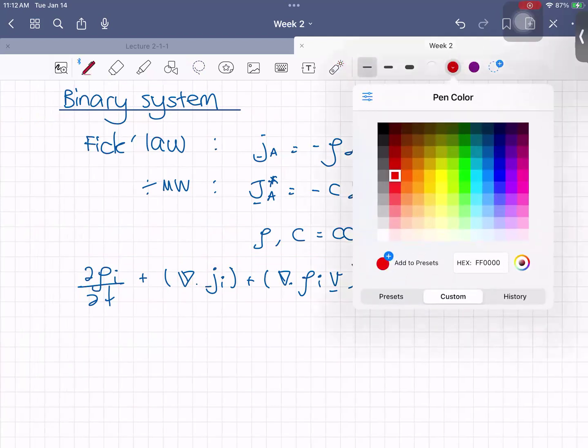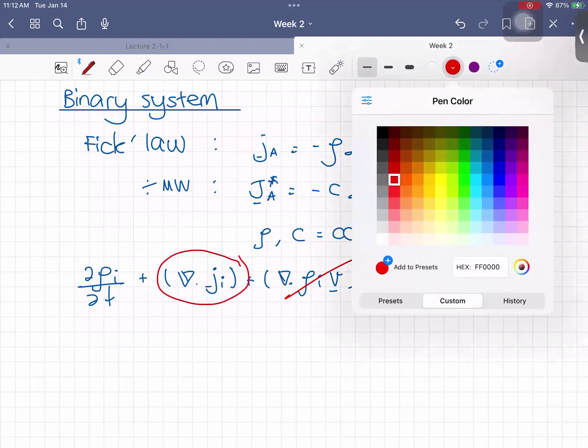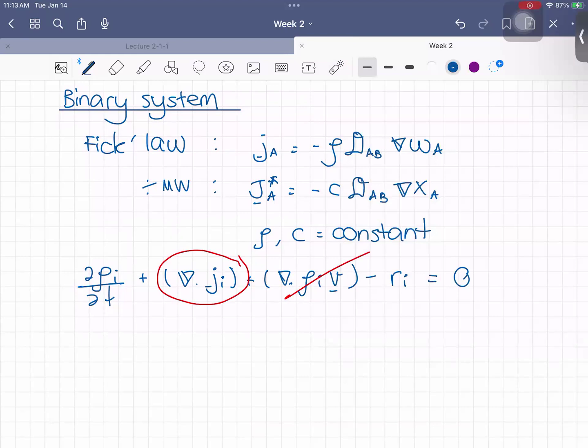So if I neglect the convective term right here, we're going to consider only the diffusion term, or molecular transport. What we have is just rho d omega I by dt, and apply Fick's law, which is rho D_AB del square omega I, minus R_I equal to 0, okay?